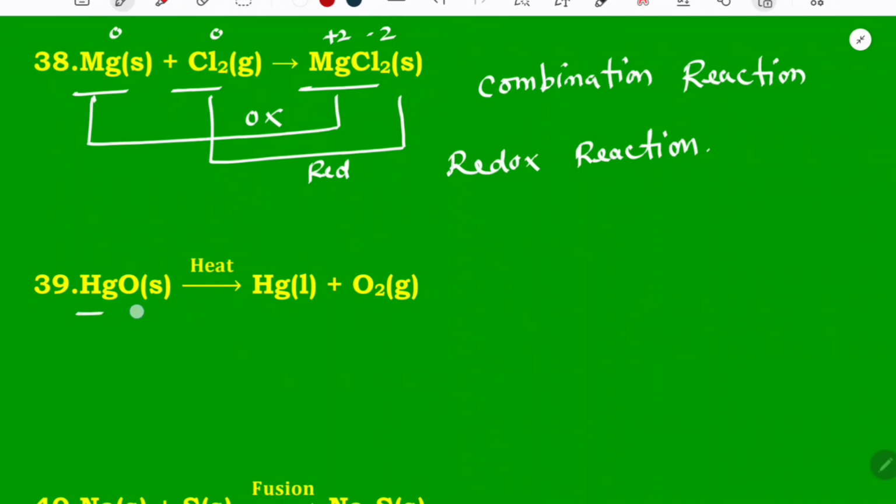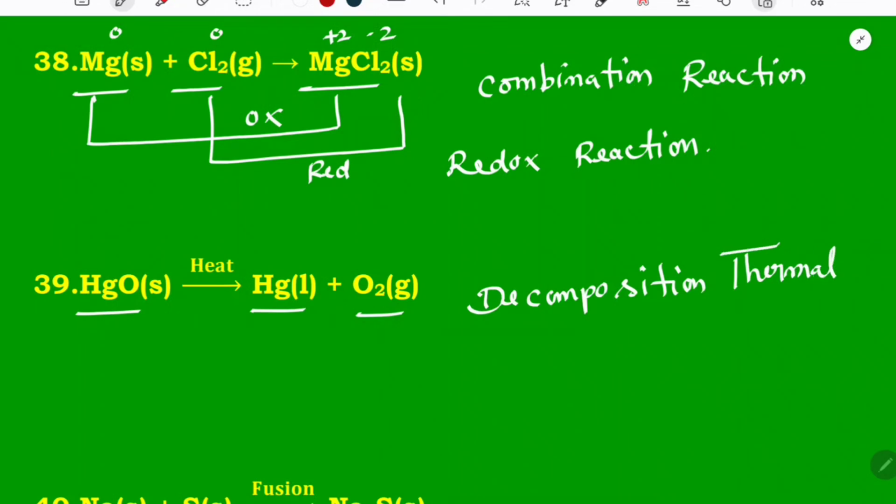Then mercuric oxide, HgO, on heating converts to mercury and oxygen. One reactant is splitting into two or more products, so this is decomposition. It takes place in the presence of heat, that's why it is also called a thermal decomposition reaction. Any other reaction?